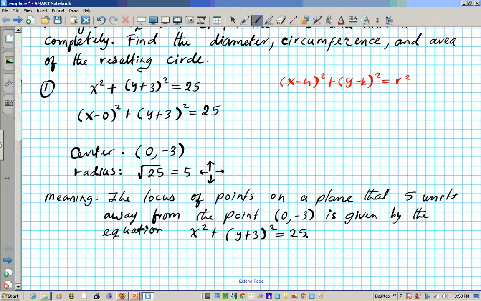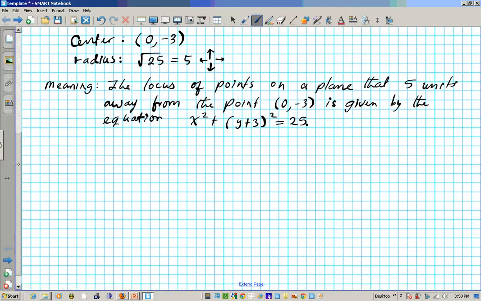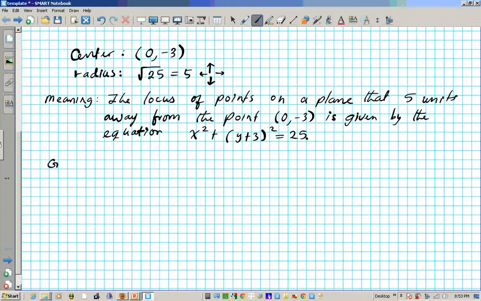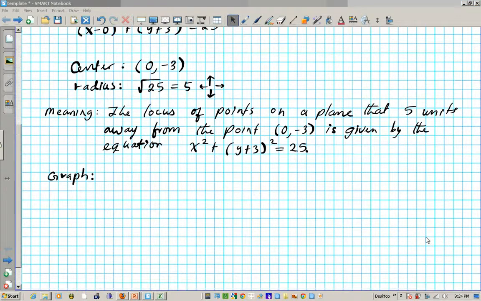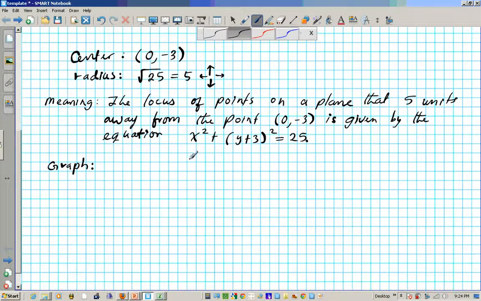Let's go ahead and generate the graph of our circle. We have the center and the radius, so we're going to graph the equation of the results we just generated. Center is (0, -3), and then we're going to go 5 in all directions.